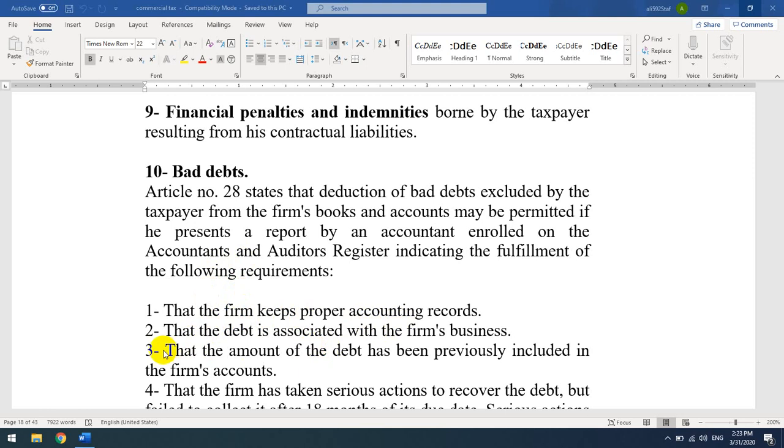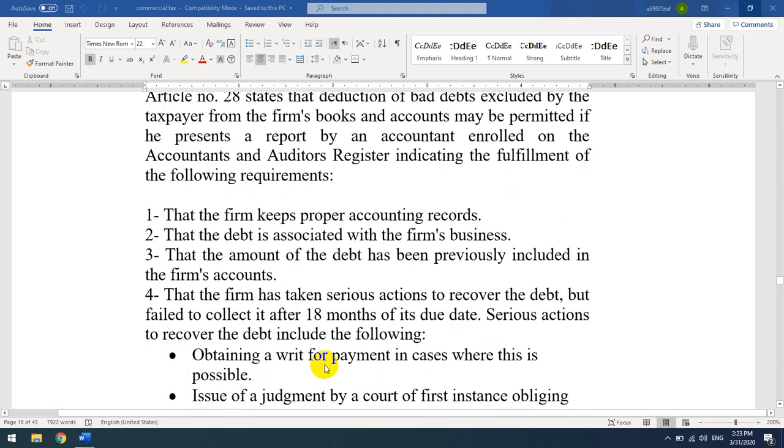Number one. Number two, the debt is related to the firm's business. Number three, the amount of the debt has been previously included in the firm's accounts. Number four, the firm has taken serious actions to recover the debt.